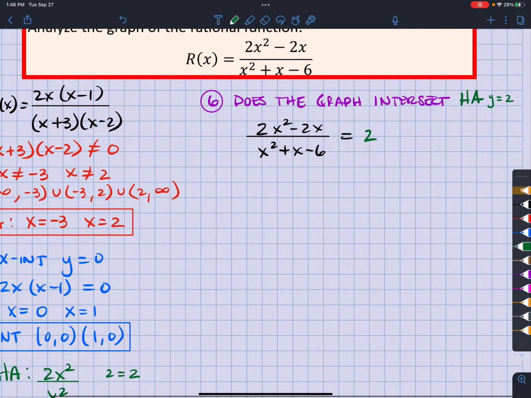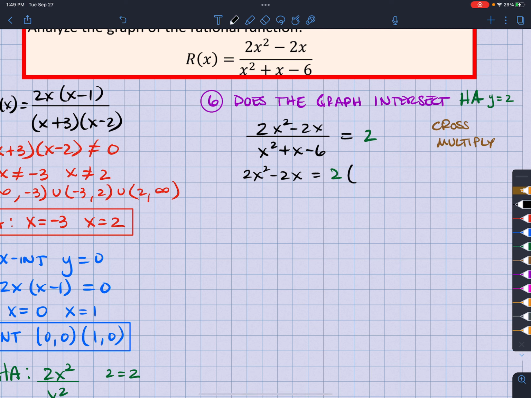Here I can cross multiply, and the only reason I can is because each side is a single fraction. So I have 2x squared minus 2x is equal to 2 times (x squared plus x minus 6).